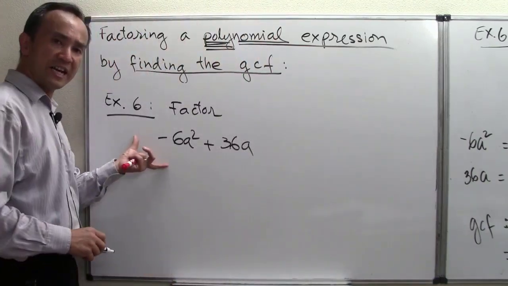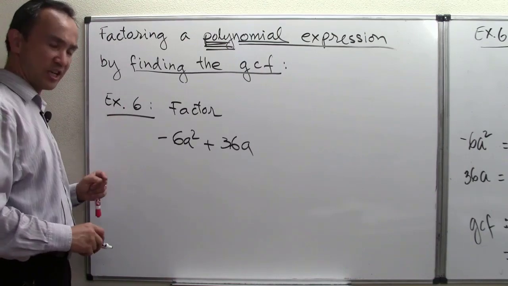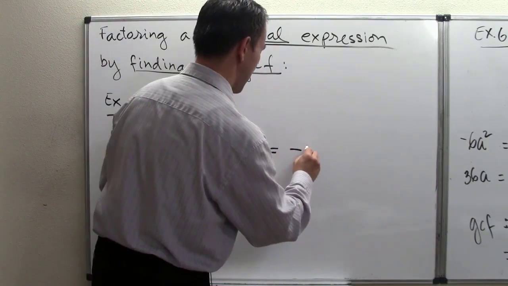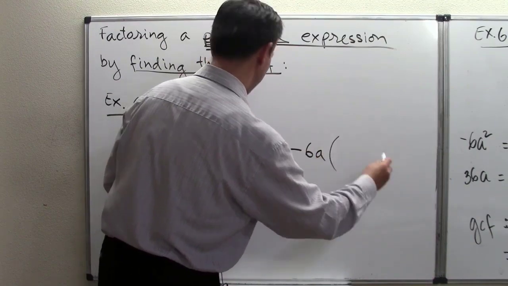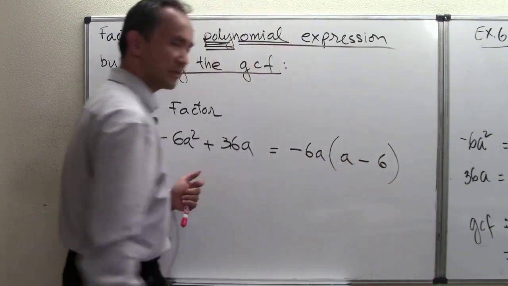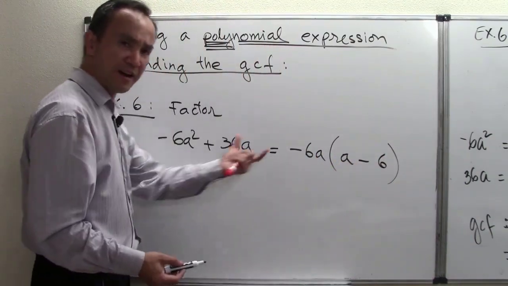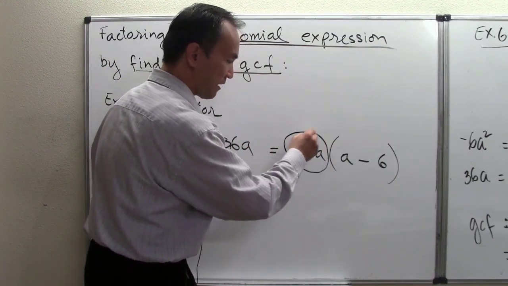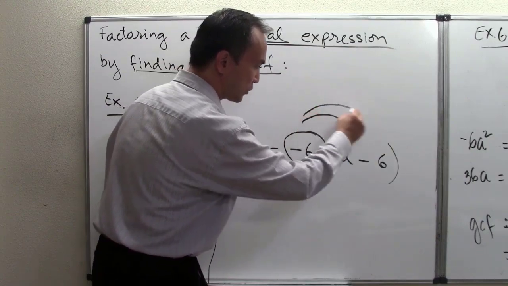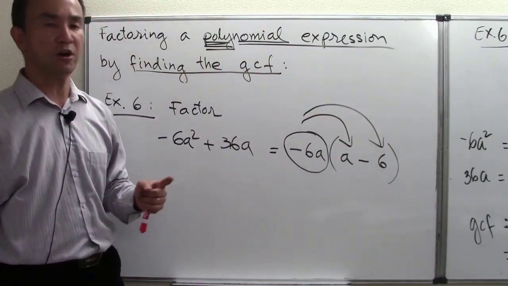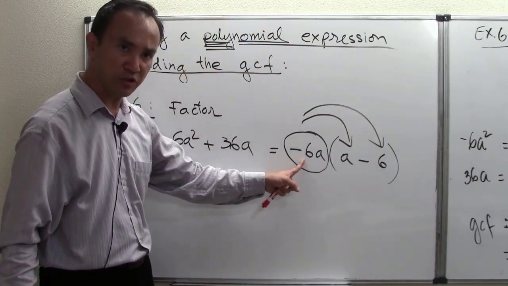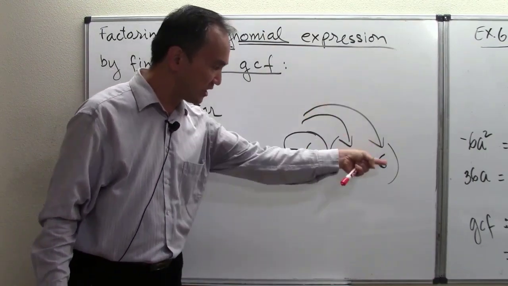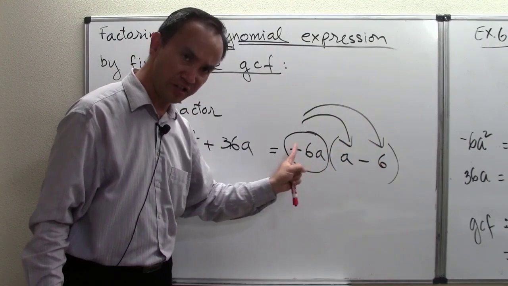And in the very last problem that we've done, example 6, our answer came out being minus 6a in parentheses a minus 6. So how do we know if we found the correct answer? Once again, from the GCF that we have found, let's just multiply that back to each term. And I've been drawing arrows to indicate we multiply according to the distributive law. Multiply that to the first term, multiply that to the second term, and watch out for sign change in this specific case.